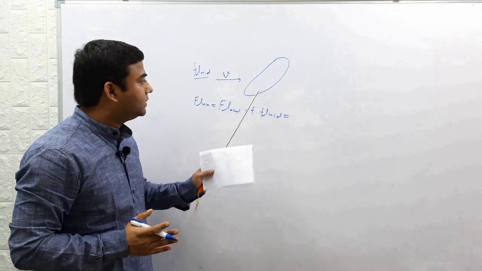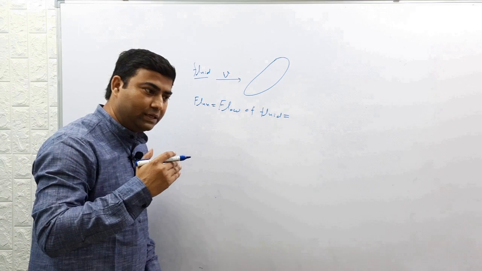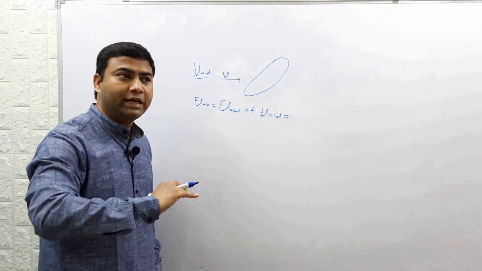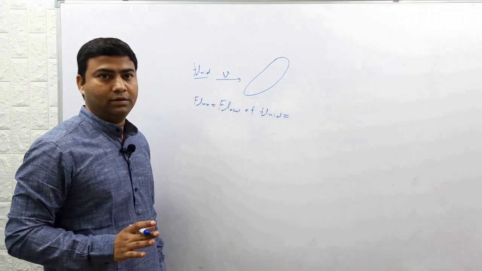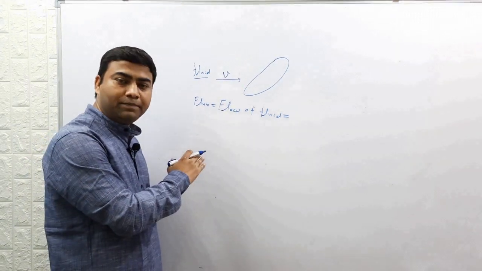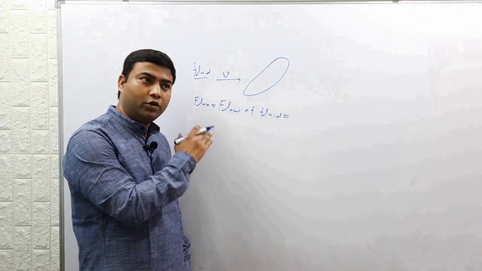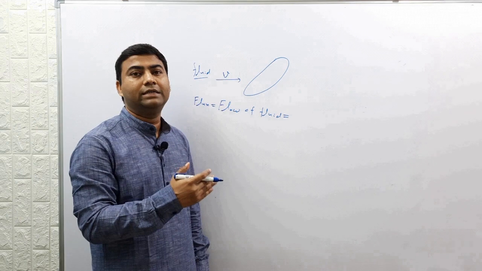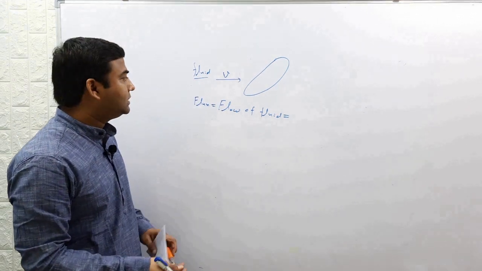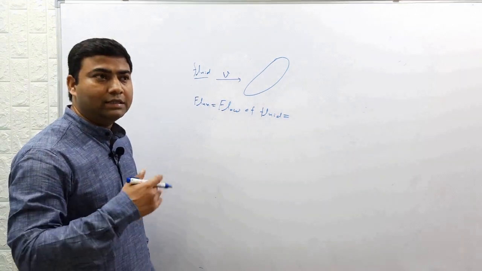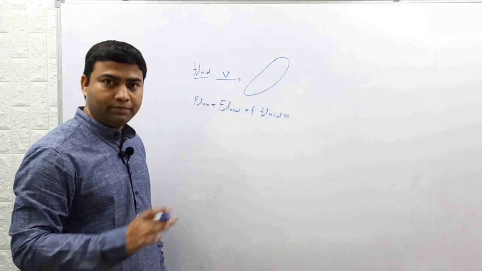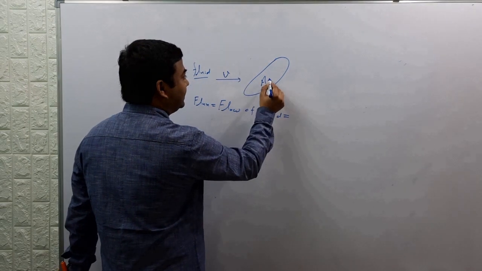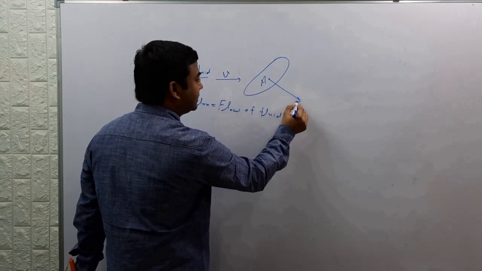It can be a rectangular area, it can be a circular area, it can be elliptical, it can be triangular, it can have any shape, that doesn't matter. We have proved the shaded area for circular and for rectangular. In both cases, the shaded area is A cos theta. So hence, the shape of the area, whether it is rectangular, circular or triangular, doesn't matter. So this is the area, and the normal to this area is this.